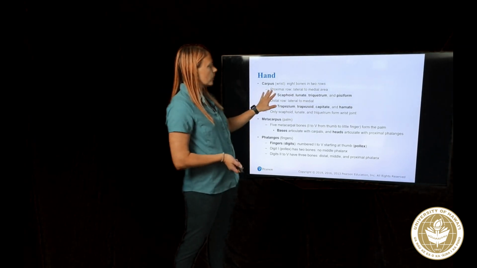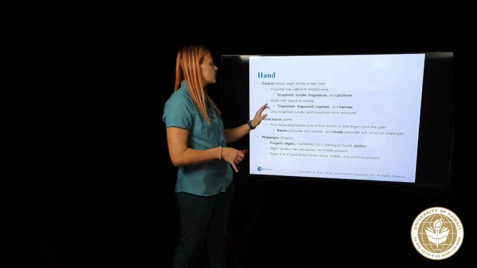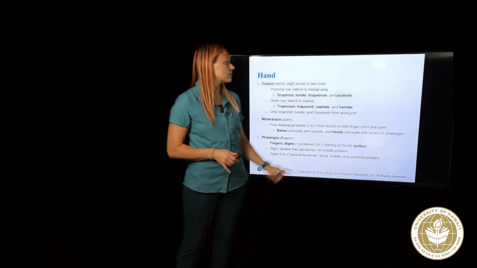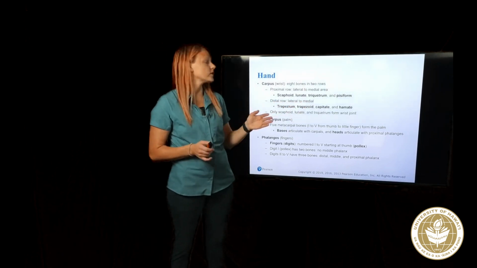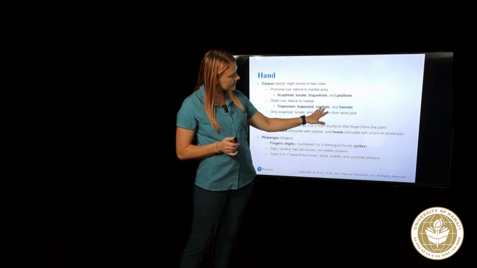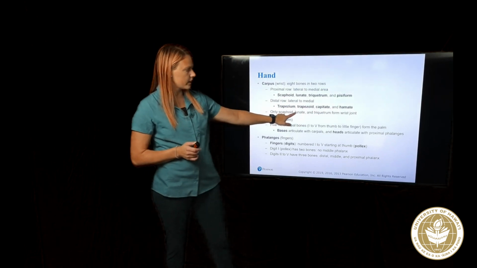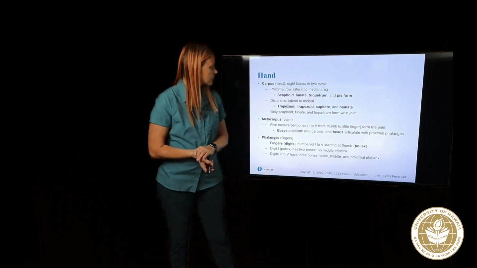The proximal row, going from lateral to medial, so the outside to the middle, is our scaphoid, lunate, triquetrum, and pisiform. The distal row, going again lateral to medial, is trapezium, trapezoid, capitate, and hamate. Only the scaphoid, lunate, and triquetrum form that actual wrist joint.